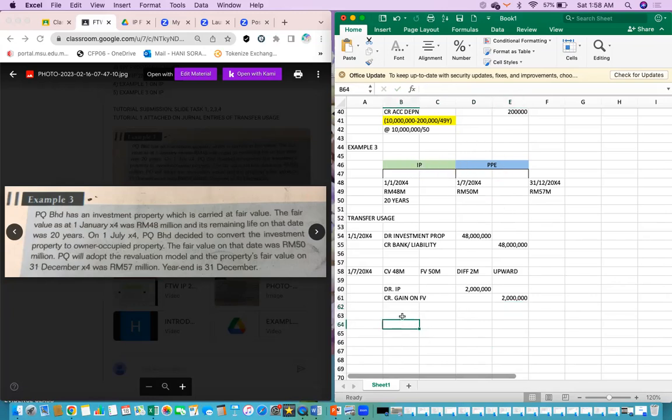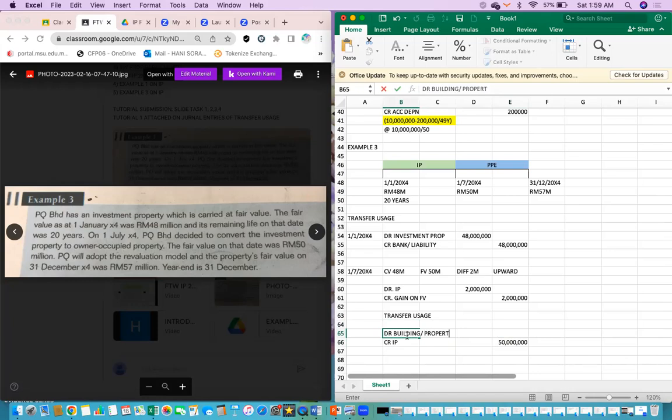So when you want to transfer usage from IP to PPE, it's easier, but you just have to credit IP. So I just use short format. However, in your exam, you cannot use short form. So the amount will be based on the current amount, 50 million. And then we are going to debit building or property. Not investment property, property.